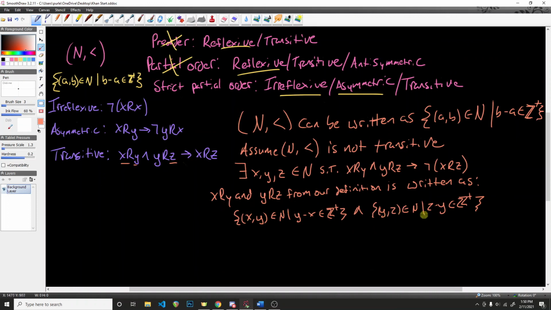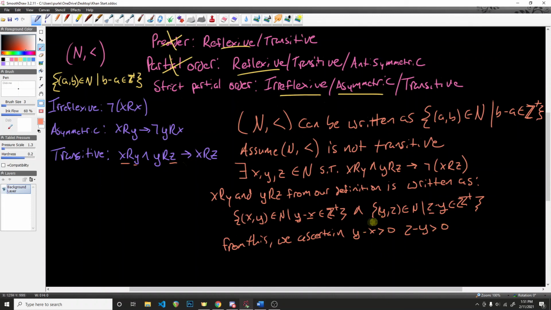From this definition, what we can ascertain is y minus x is going to produce some number greater than 0. So y minus x is greater than 0. And here, same thing, z minus y is going to produce some number greater than 0. So z minus y is greater than 0.